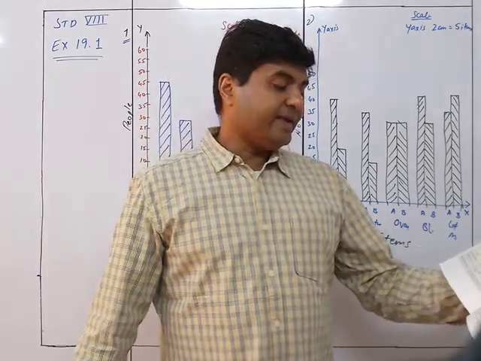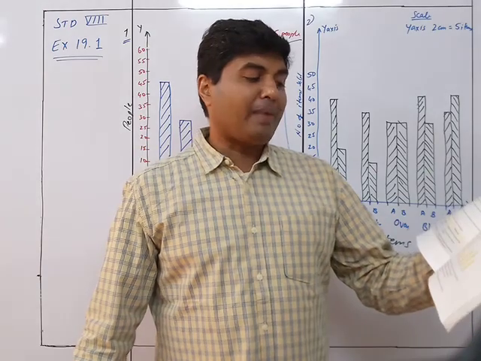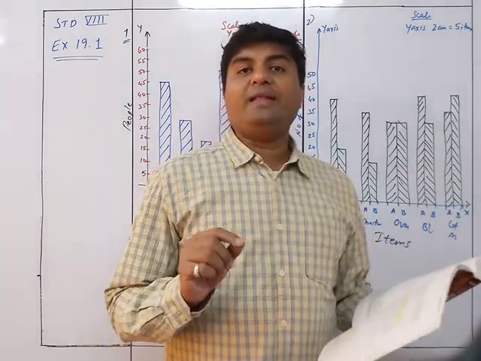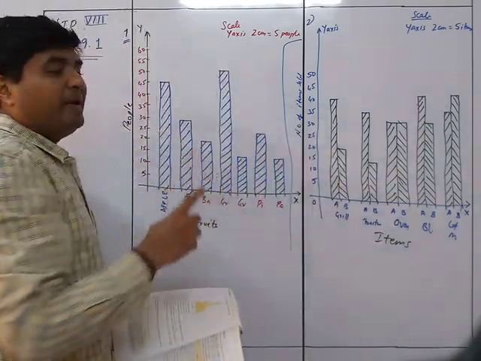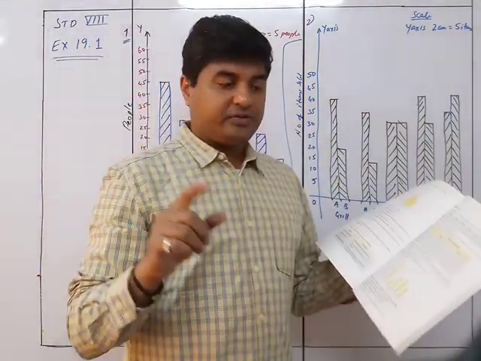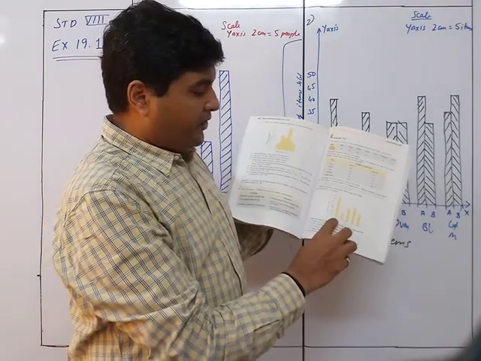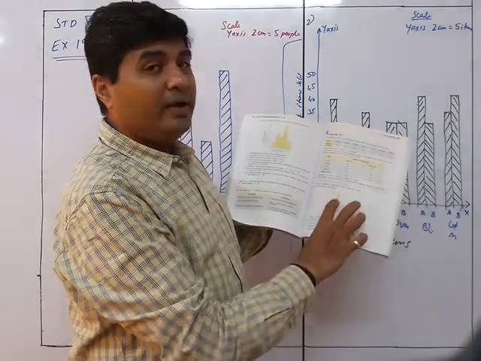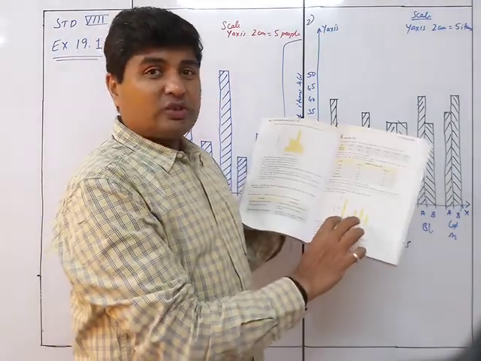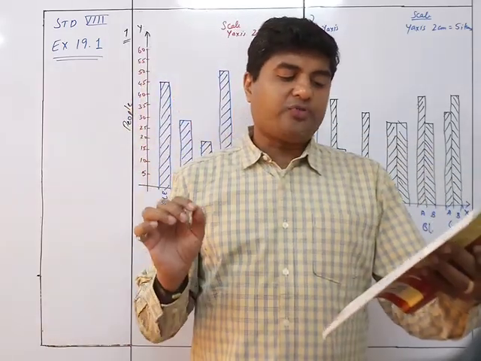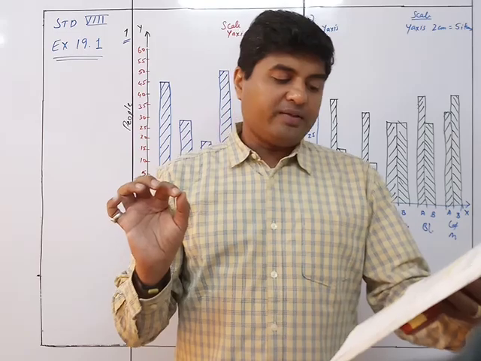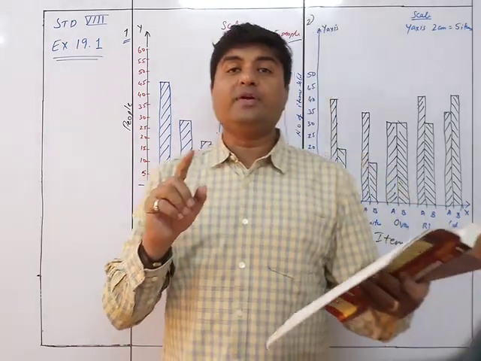Now second thing, on which item is the expenditure maximum? You will find that the tallest of the buildings is going to be the maximum expenditure. As per the graph over here, the first one, that is food, is the tallest. So you will say the expenditure on food is maximum.